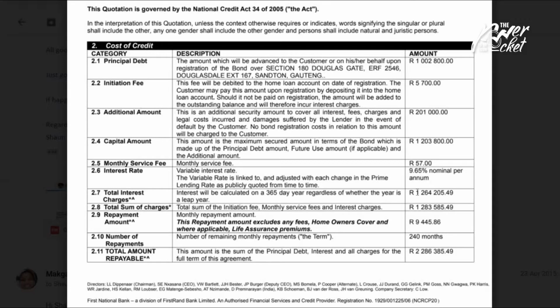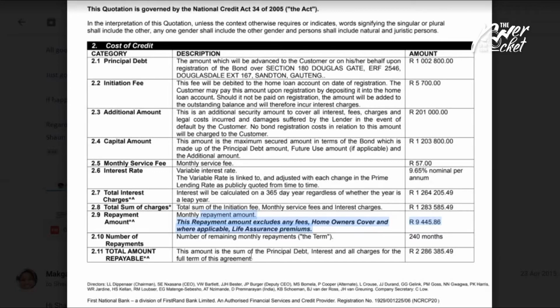This amount is interest only over the 20-year period in which the bank was willing to give me a loan. You can see right here, number of payments, 240 payments. If you divide that by 12, you'll get 20 years. The installment is right here.